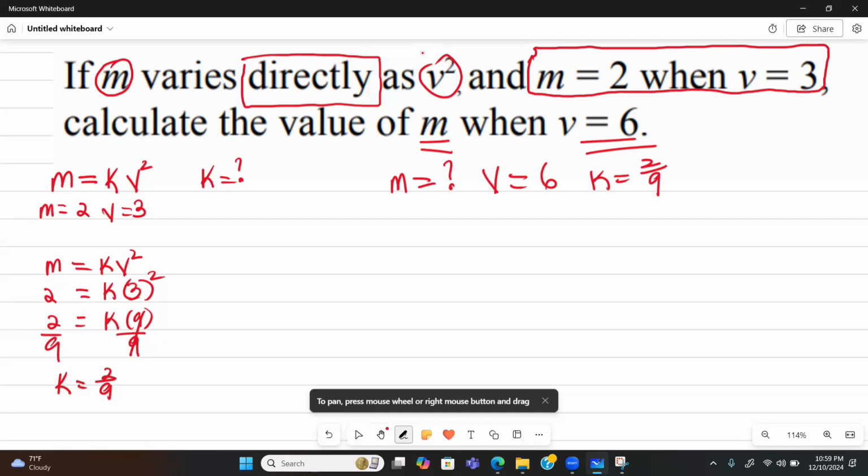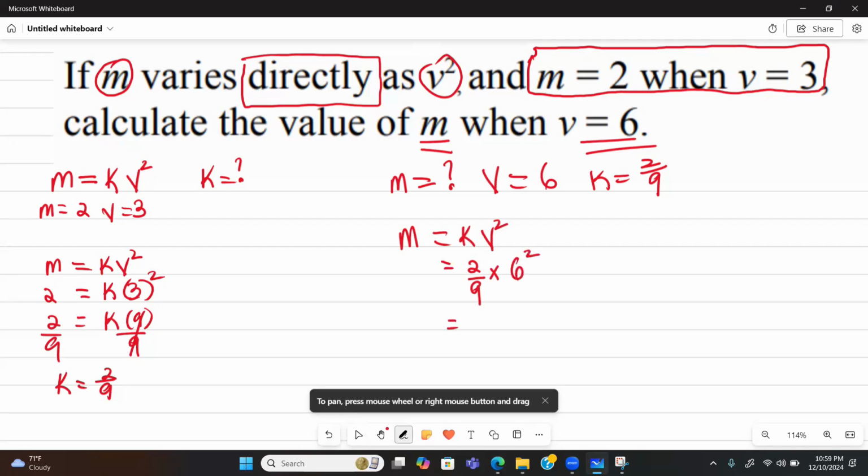Now let us use the formula, and there is one formula for this question, and it is m is equal to k v squared. This time we're trying to find m, but we know what k is. K is our constant. It's 2/9, and we're going to multiply this by v squared, which is 6 squared.